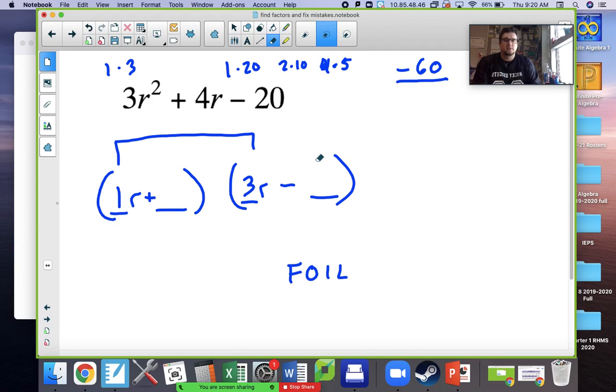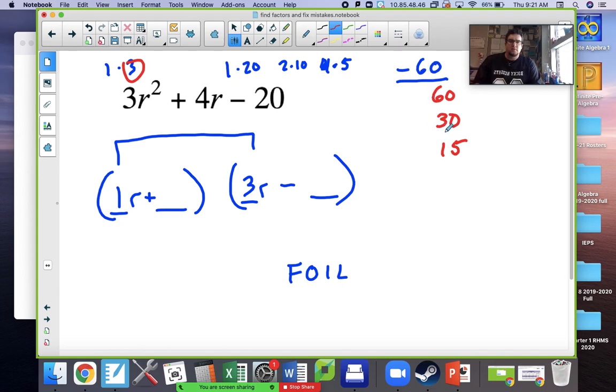potential factors. So if I take this 3, for instance, and I multiply 20, I know that's going to be a factor. 3 times 10, 3 times 5. All of these are numbers that go into 60 for sure. We could then use that number. So let's take 15, for example.